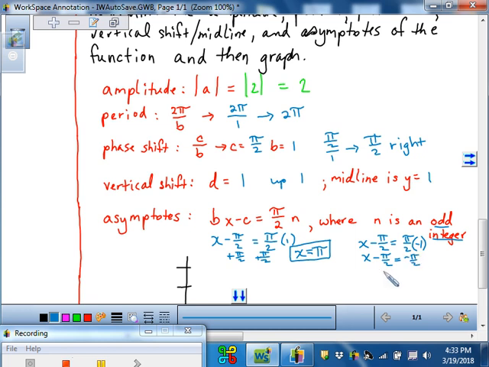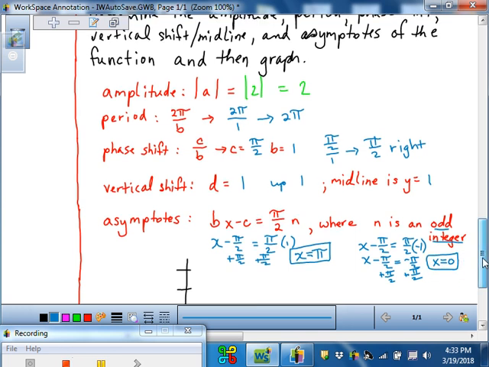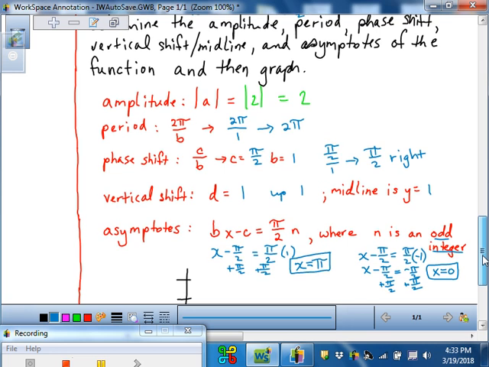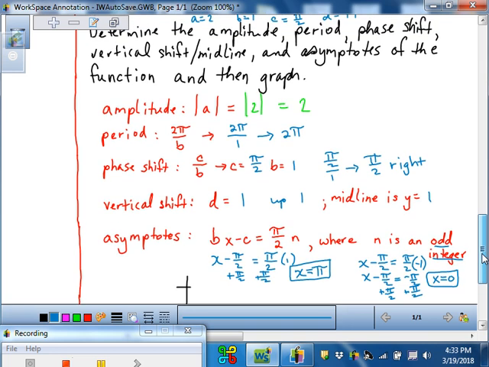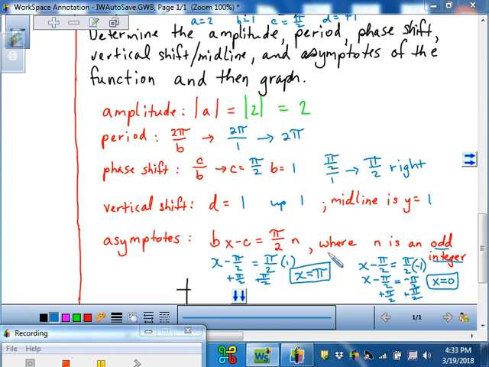I'm going to add pi over 2 to both sides. When I add pi over 2 to negative pi over 2, I get x equals 0. So these are the two locations for our asymptotes. Again, just like on sine, find two asymptotes and then they will always follow that same pattern of distance between them. Alright, pause, finish copying this, and we'll finish up with the graph.